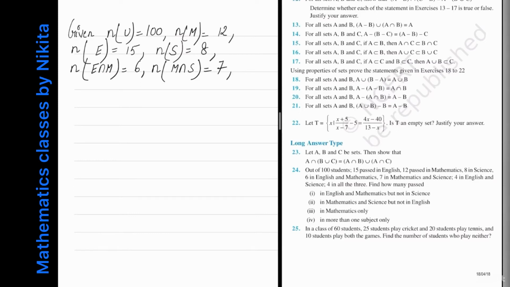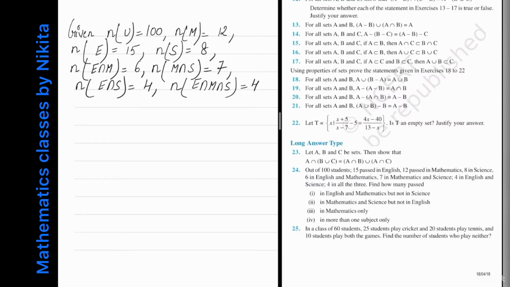Then English and science, it is given 4, and 4 in all three. So that means n of E intersection M intersection S is given to be 4.